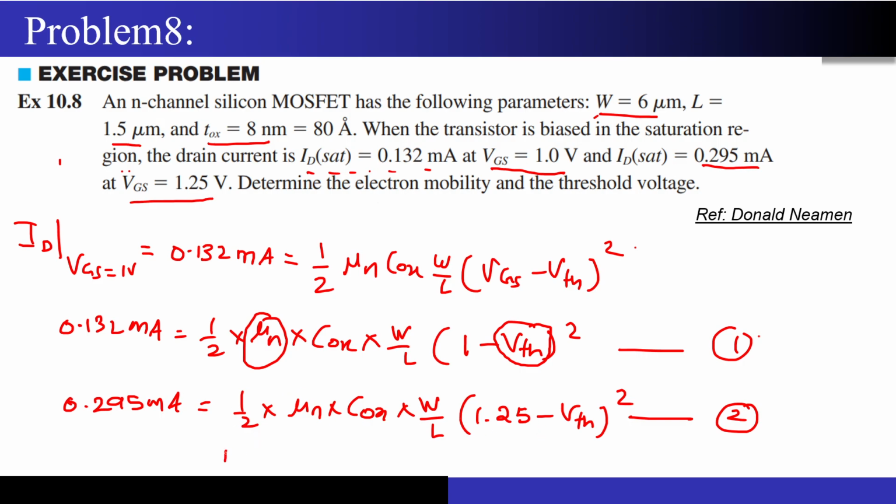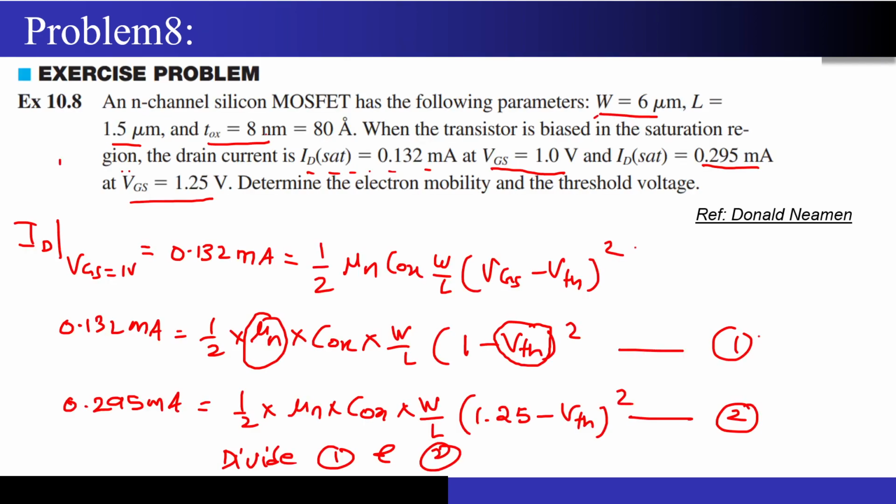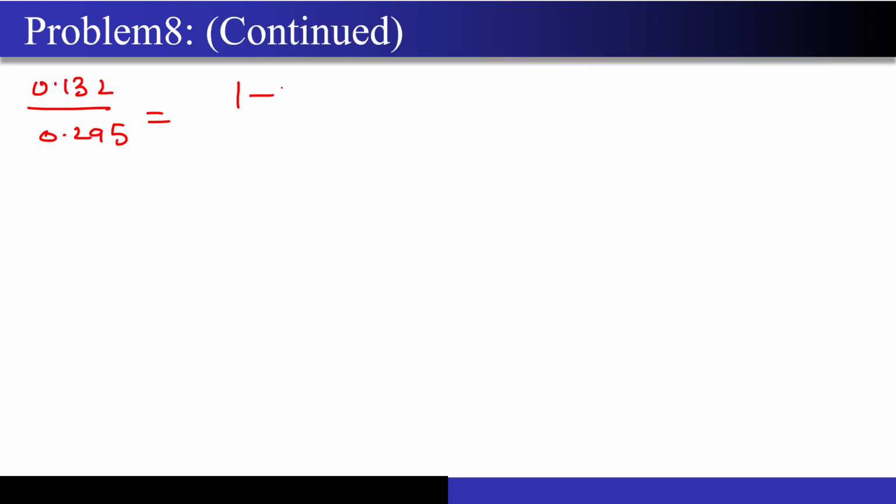So let me divide 1 and 2. 0.132 divided by 0.295 equals (1 minus VTH) upon (1.25 minus VTH), the whole square. This is what I will be left with.